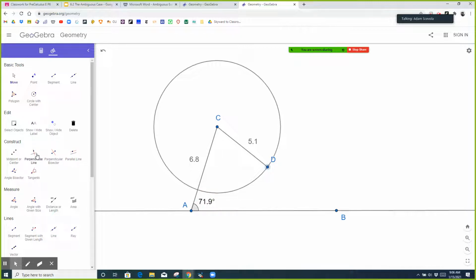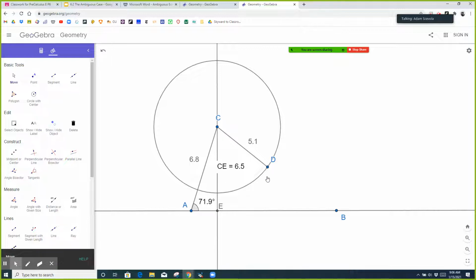So now take a perpendicular line, hit point C and side AB, and it'll draw a line perpendicular to AB through point C. All right. So then you could place a point at that intersection and find that distance. So you click point C and point E, and we get that length is 6.5.